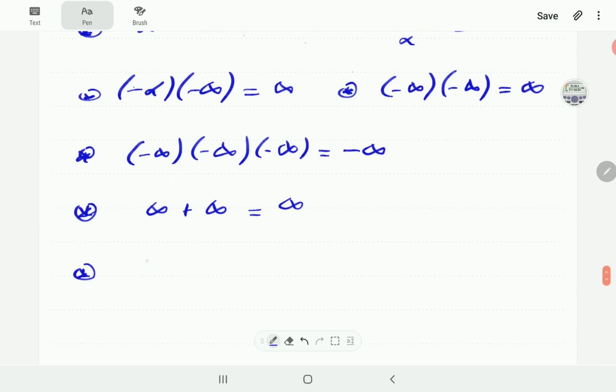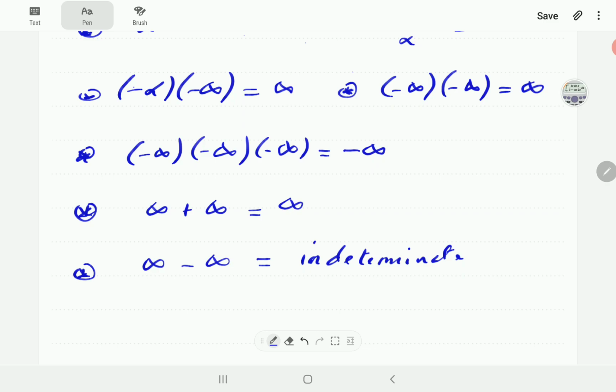However, infinity minus infinity is not necessarily equal to 0. So this one is what we call an indeterminate form.